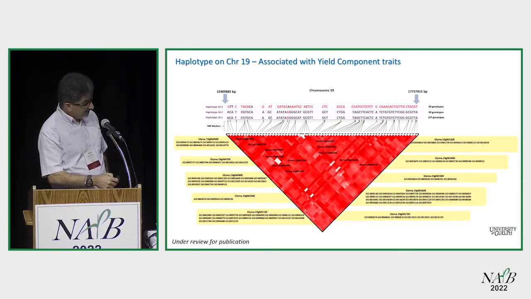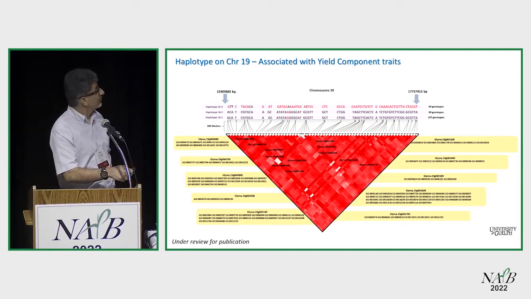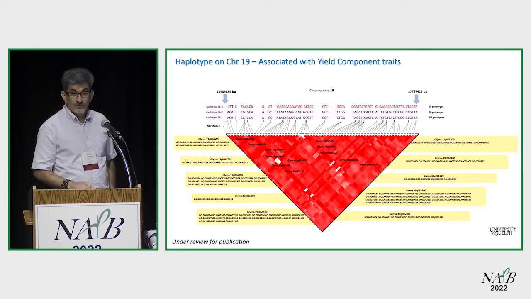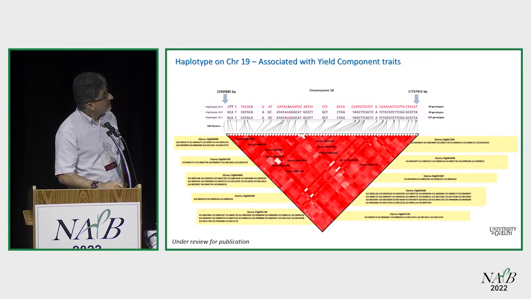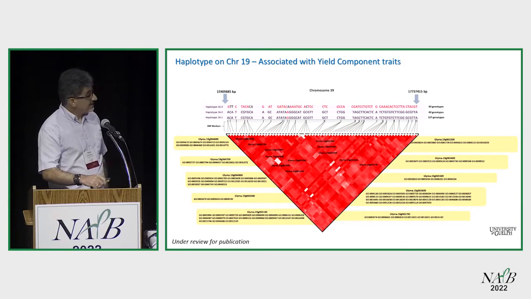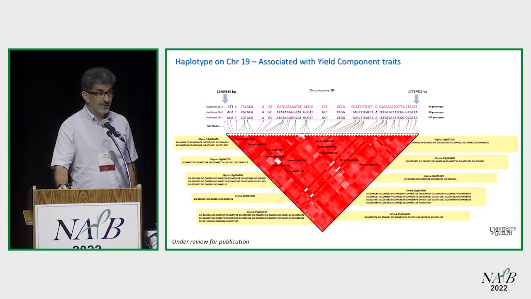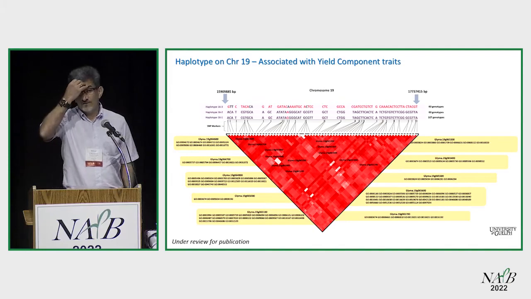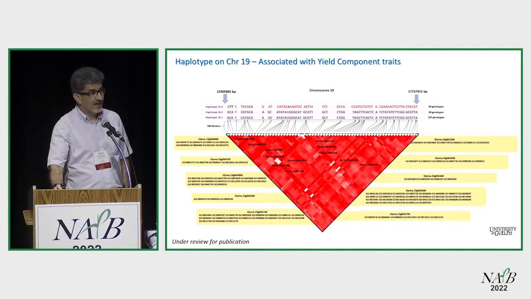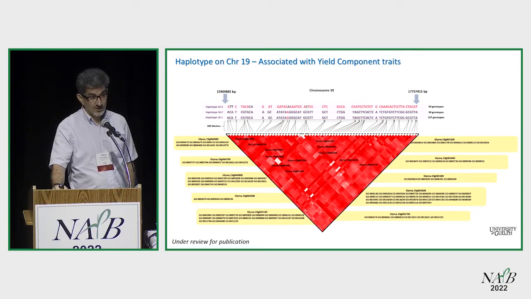This slide is interesting: we could find a haplotype on chromosome 19 of just about 1.8 million base pairs that contains 69 SNPs. This haplotype is associated with yield and all the yield component traits, and it contains 12 putative candidate genes, which I believe is a very good start to create molecular markers from these to select for those.